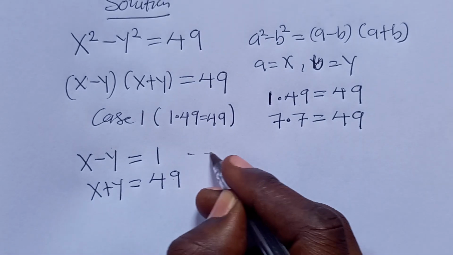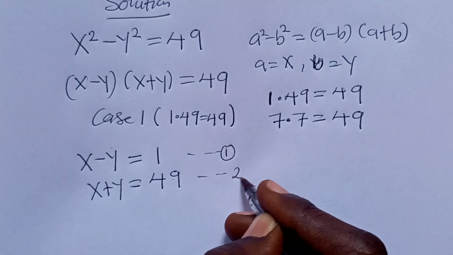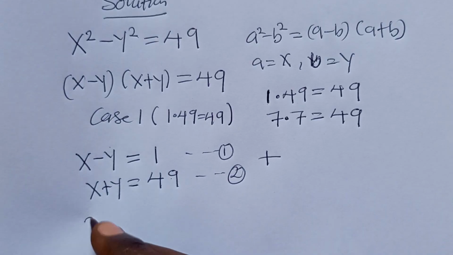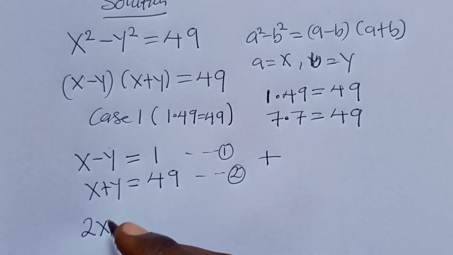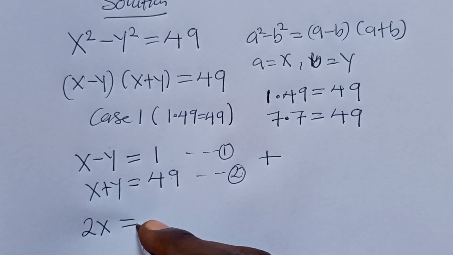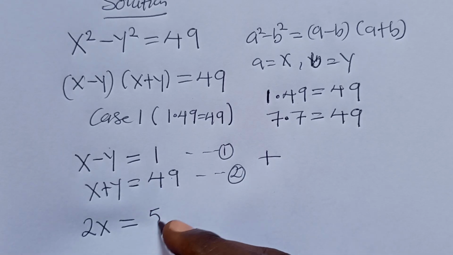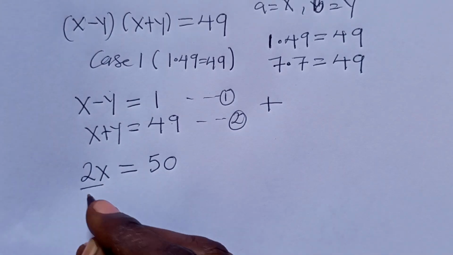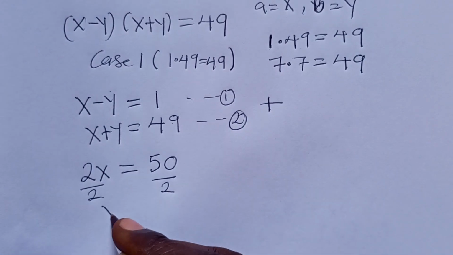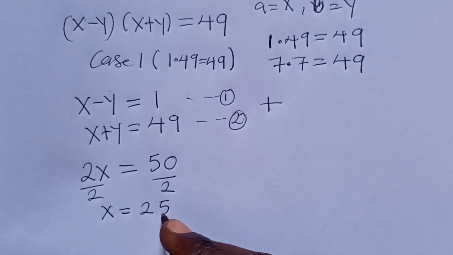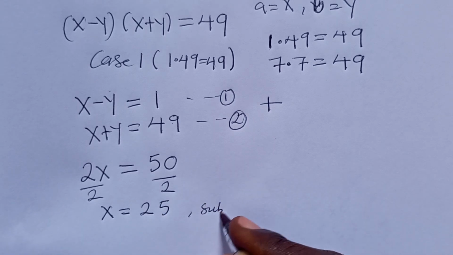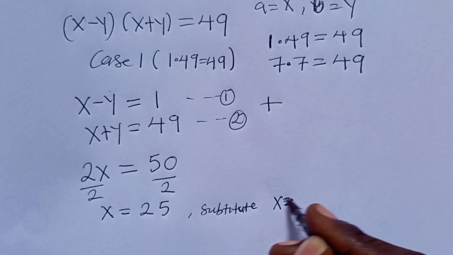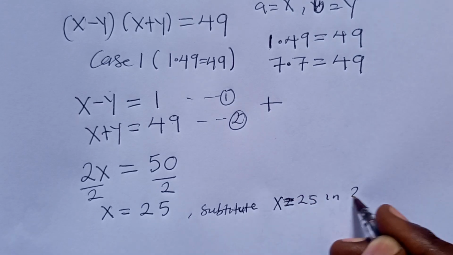So now let's name this equation 1, and let's name this equation 2. Let's add up equations 1 and 2. x plus x is going to be 2x, minus y plus y is going to be 0, equal to 1 plus 49, which is 50. So this is what we have. Dividing here by 2 and here by 2, our x is going to be 25. So now let's substitute the value of x as 25 in equation 2.